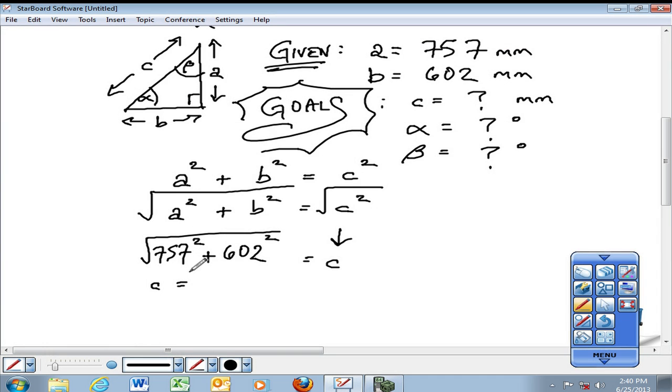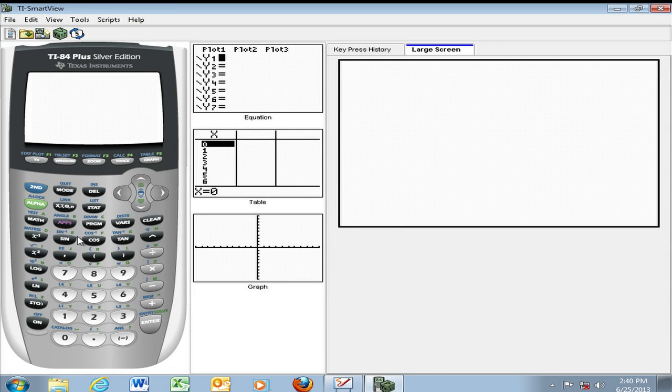So basically, in your best friend, you're going to do the square root of. For this calculator, it's a secondary function, so blue, and then your x squared. Note your square root is just above that.